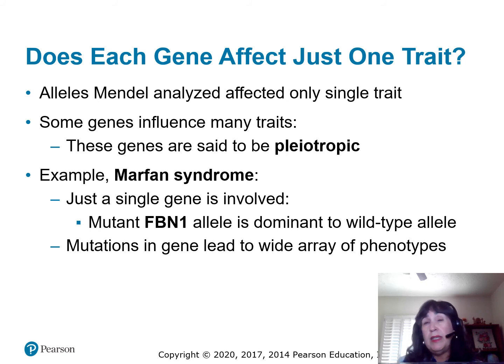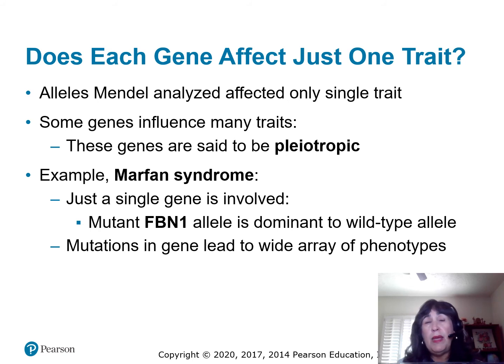Abraham Lincoln was supposed to have Marfan syndrome. This is a variation in one type of trait, and it makes for a very tall person that has a very bony skull, and very long hands, extremely tall. So notice one gene is affecting many traits, and that's Marfan syndrome.